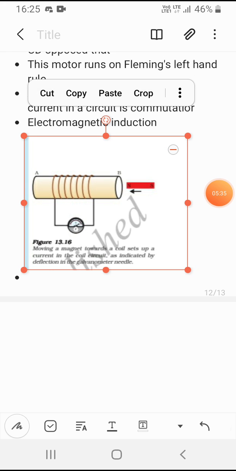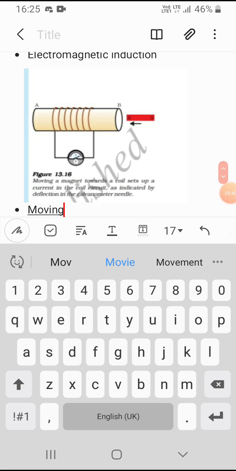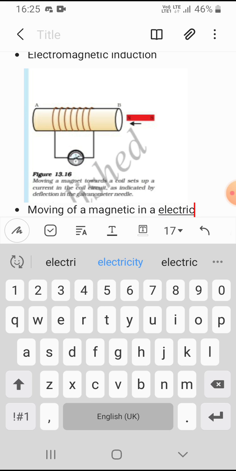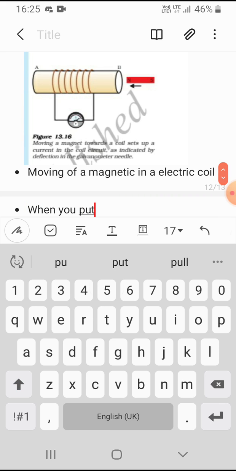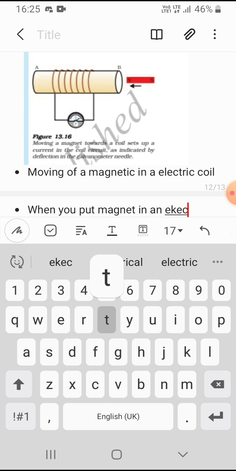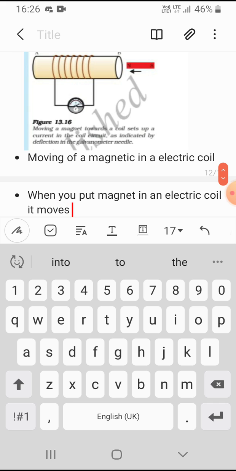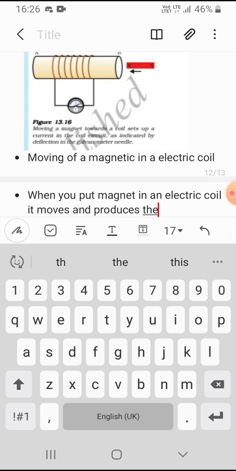For example, moving a magnet in an electric coil: when you put a magnet in an electric coil, it moves and produces current.